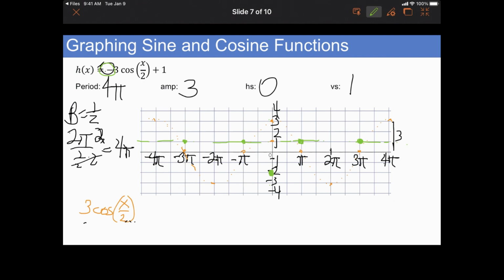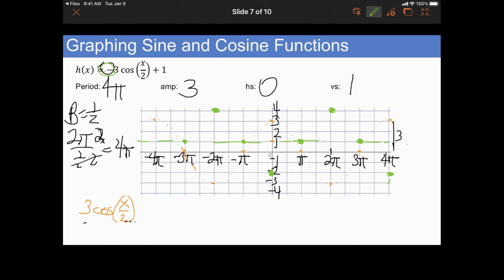So here, right? Reflect it down, then up 1. So down here, we're going to reflect it here, and then move it up 1. Here, we're going to reflect it here and move it up 1. Same thing with this one. We're going to reflect it and then move it up 1.